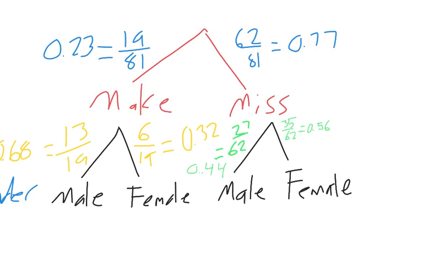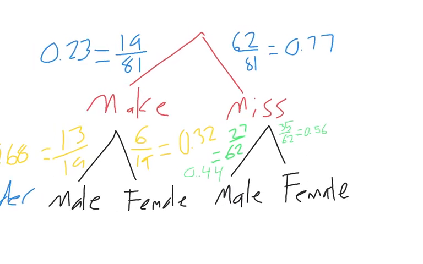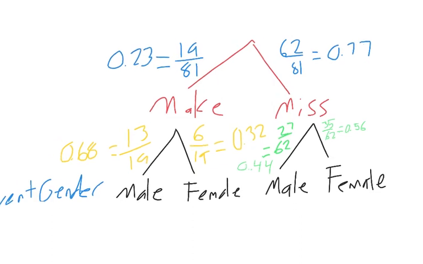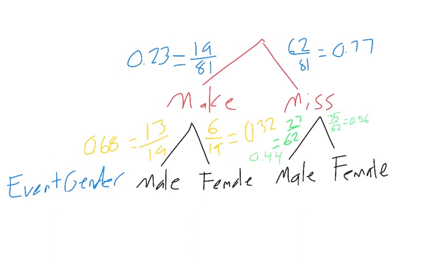That's why we had to put these proportions or percentages of likeliness. And remember, once I get to the event gender, I'm only looking at the makes. So that's why these turned to 19 in the denominator, because I was only looking at the makes. It's kind of like a given statement.